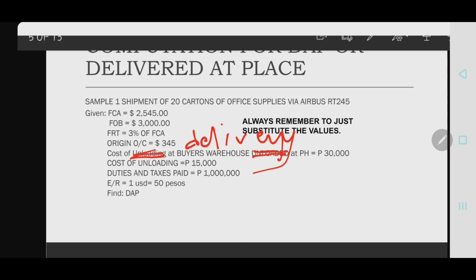The cost of unloading is 15,000, duties and taxes is 1 million, and the exchange rate is $1 equal to 50 pesos.